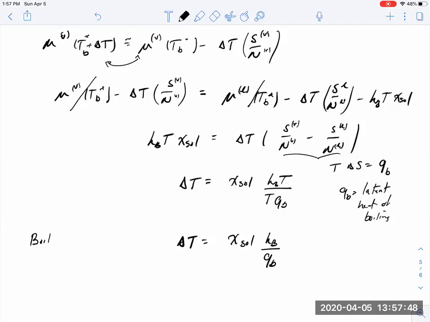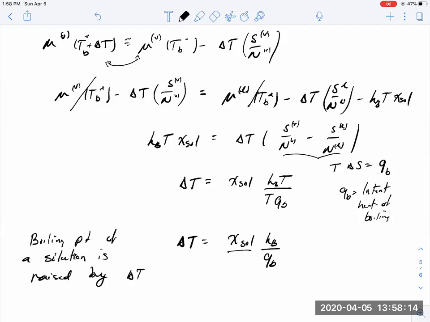So the boiling point of a solution is raised by an amount delta T, which depends, again, just on how much solute I have, not the details of what that solute is.